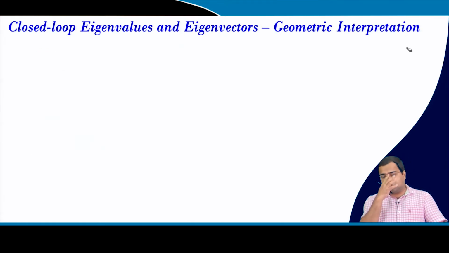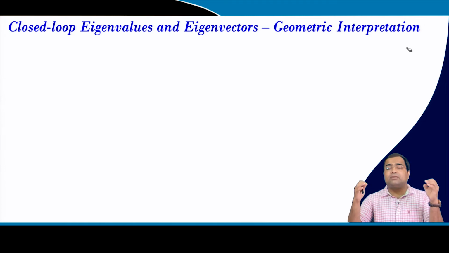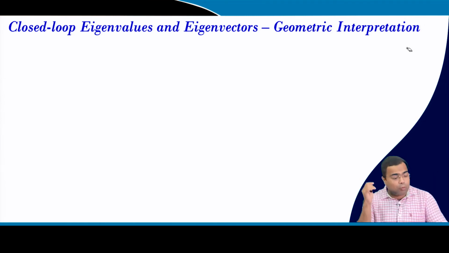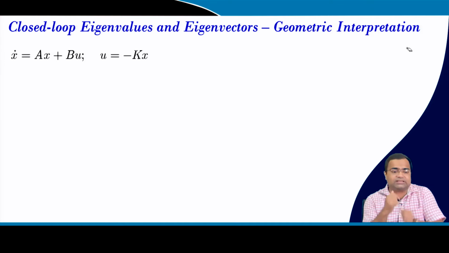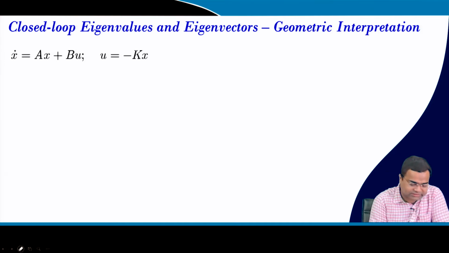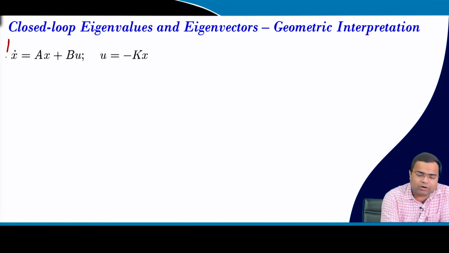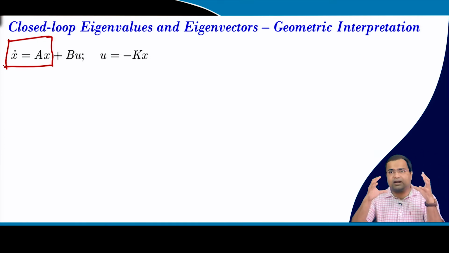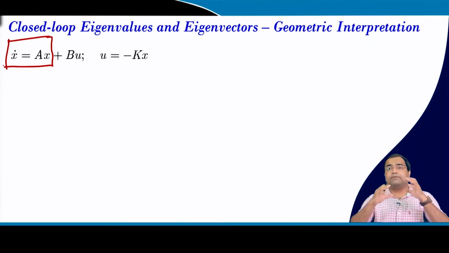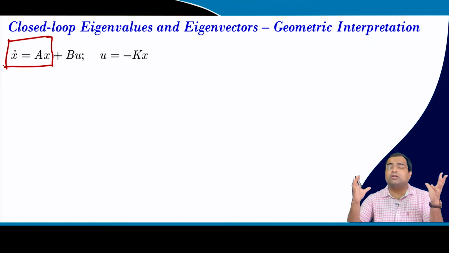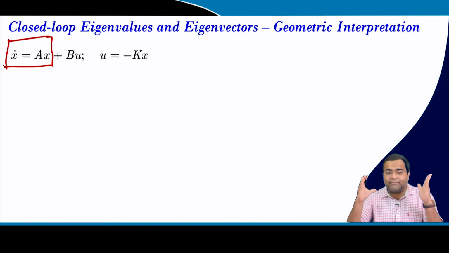Now, we talked about the eigenvalues and eigenvectors of an open loop system. Now, we are closing the loop. Earlier we talked about the autonomous system, in lectures 40, 42 and 43, the whole lecture we talked about the autonomous system. That means we have only considered this part, and we also learned that we derived this model from a small signal model of a boost converter, where we ignored the perturbation in the duty ratio, or the control input.